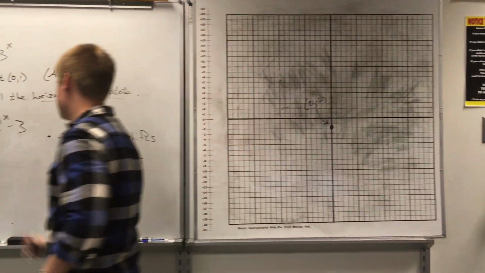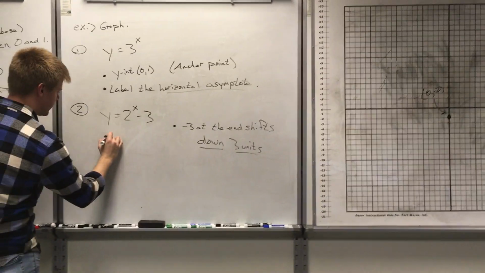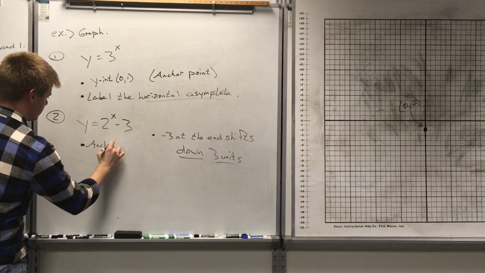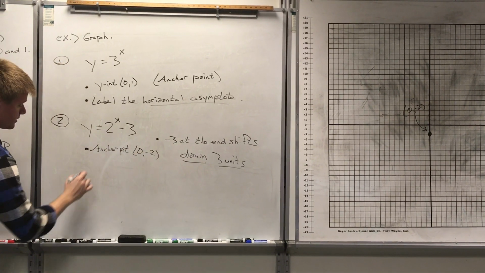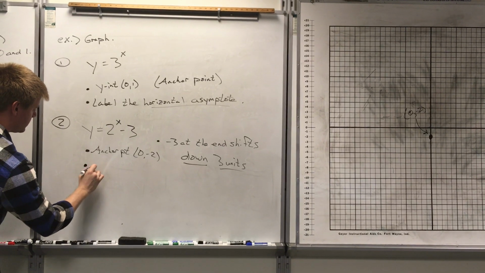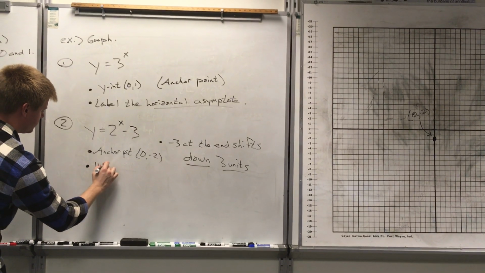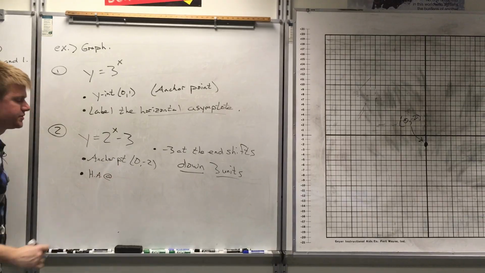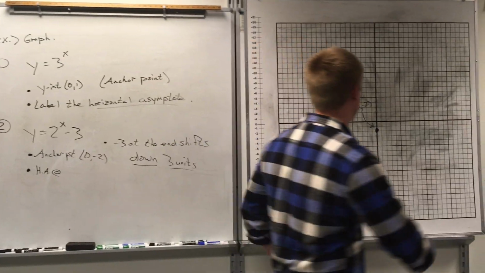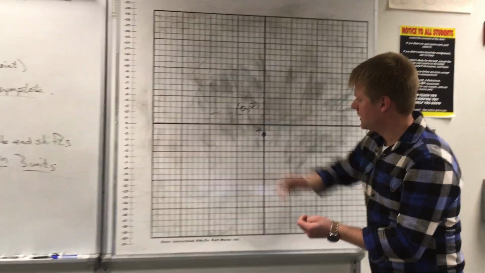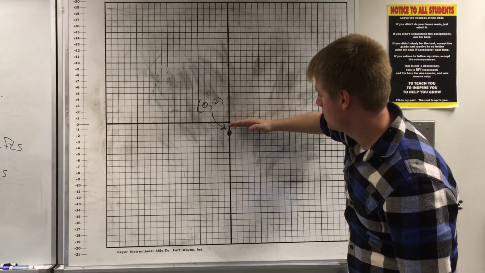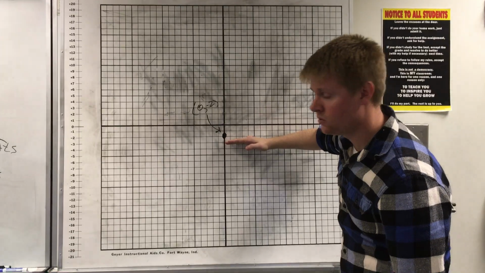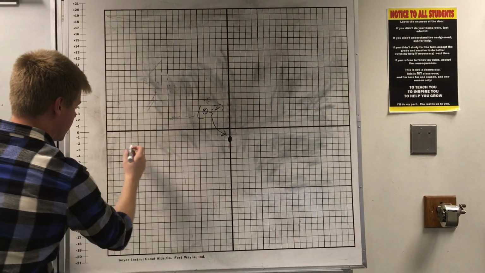Next part. So what I'll do then, I'll use that as my anchor point. Okay. Next, my horizontal asymptote also shifts down 3 units. So think of it this way. If I normally have a horizontal asymptote as the x-axis, I now go down 1, 2, 3 units and make a horizontal line here.